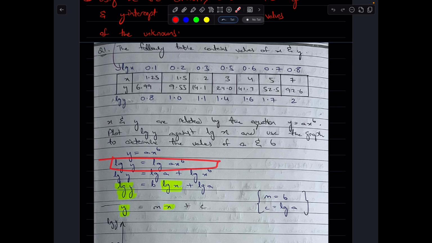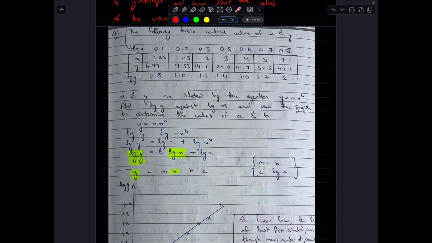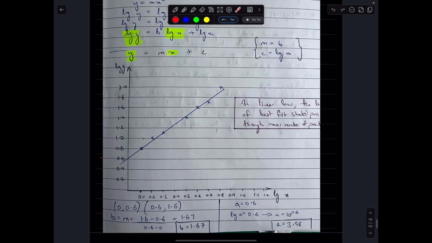Thus, this is what I need to plot on the x and y axis. I simplify this and then compare this with y is equal to mx plus c and realize that lg y would be the y-axis and lg x would be the x-axis as given, and the gradient would be b and the y-intercept would be lg a.